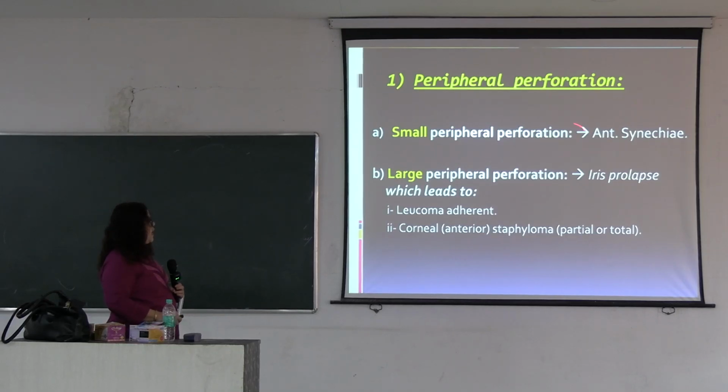So in a peripheral perforation, if the perforation is small and present in the peripheral part, it creates anterior synechia. That is called peripheral anterior synechia. And if a large peripheral perforation is present, then the iris prolapses and adheres to the epithelial tissue, and here leukoma adherent is formed.